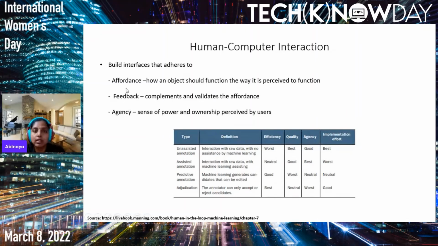The first one is affordance. Whatever interface you are building, it has to work in a way the user perceives it to work. You need to make sure that the user understands the interface in an intuitive way. If that is not there, the annotation will not be effective.